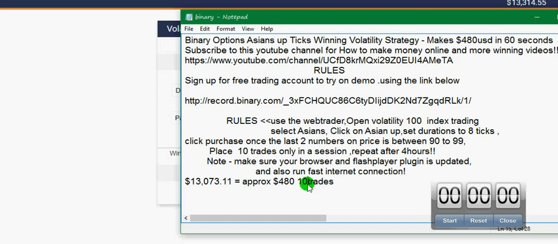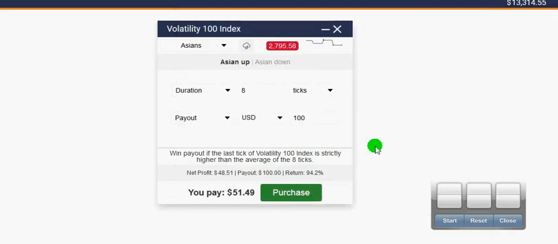We only lost 2 trades. That's the final trade for this session, so we have to watch again.